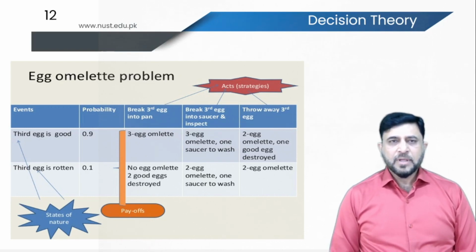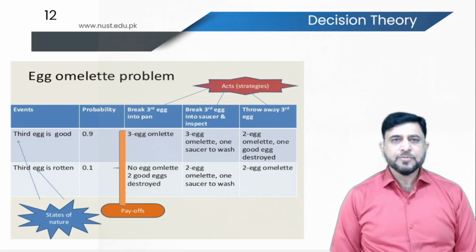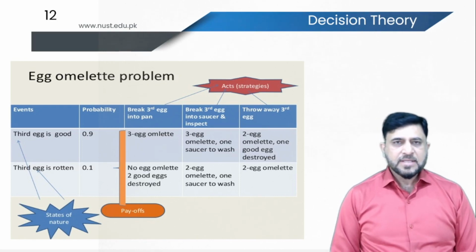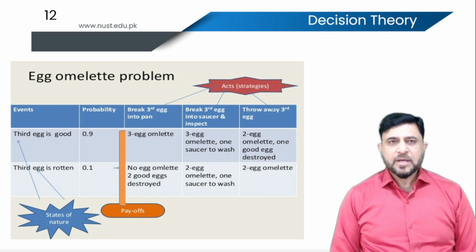The result will be either you break the third egg into the pan, or you break it into a saucer and inspect it first in a separate saucer, or you just throw away the third egg. You can do that. These are the acts or strategies you can adopt to check the third egg.